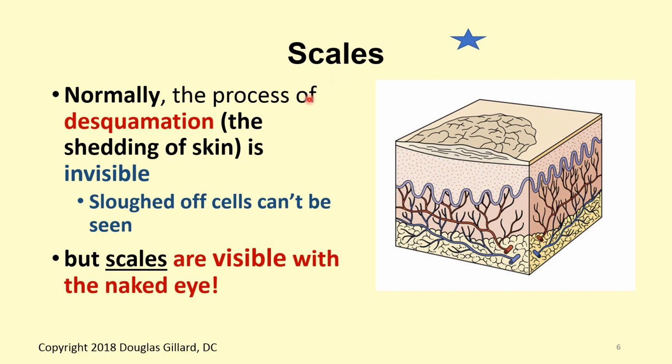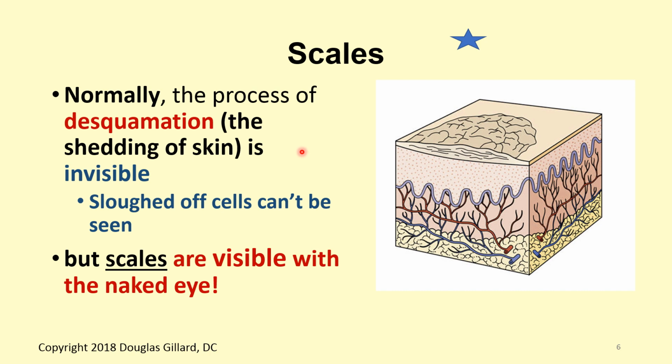Normally, in the process of desquamation, remember this, keratinocytes are born down at the bottom of the epidermis, and as they're born by stem cells, they get pushed up and up and up. So you have a conveyor belt of cells pushing up. When they get to the stratum corneum, they become corneocytes, they die and they slough off.